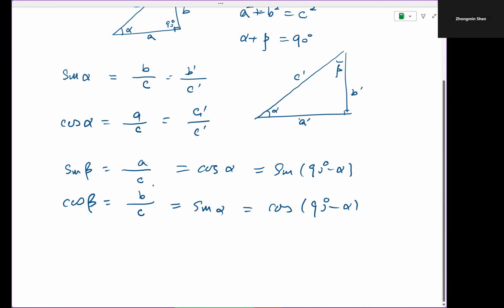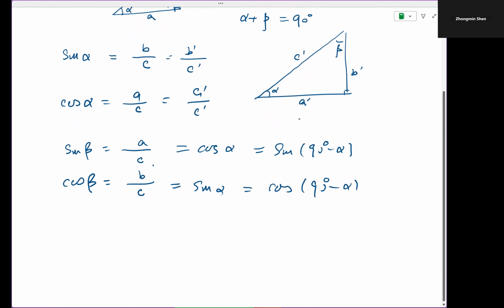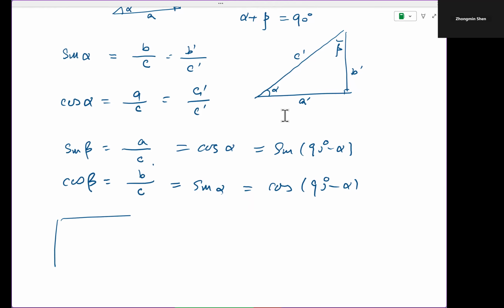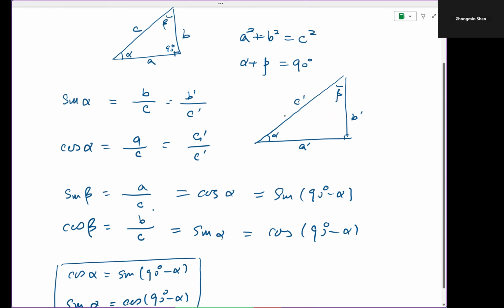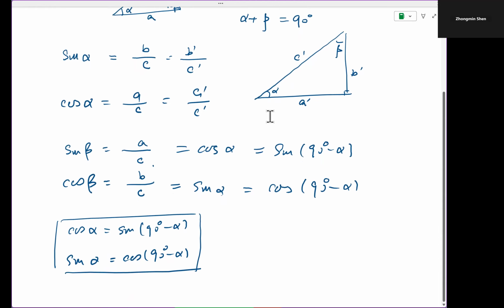You give a definition, then you derive lots of identities. Let's write down two formulas. Cosine alpha equals sine of 90 degrees minus alpha, and sine alpha equals cosine of 90 degrees minus alpha. We already used this definition plus this identity, and we got these two important formulas.